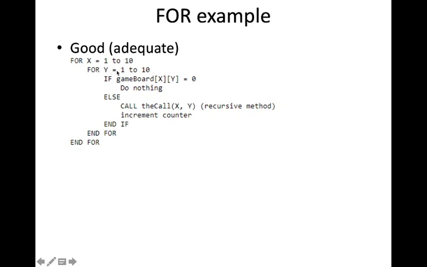Then for y equal to 1, initially y will take 1, and it will check whether game board of y equal to 0, do nothing, else. We are calling some other function, so you don't need to worry. This is part of some program. I just want to show the syntax. It will somewhat look like this. This loop will be repeated 10 times. First x will take one value, then after that x will take 2, like that.